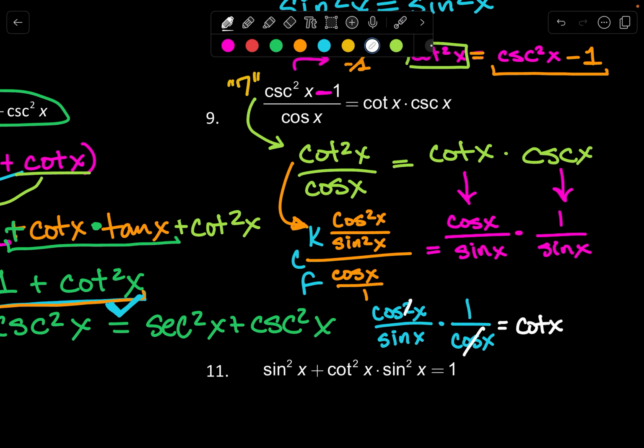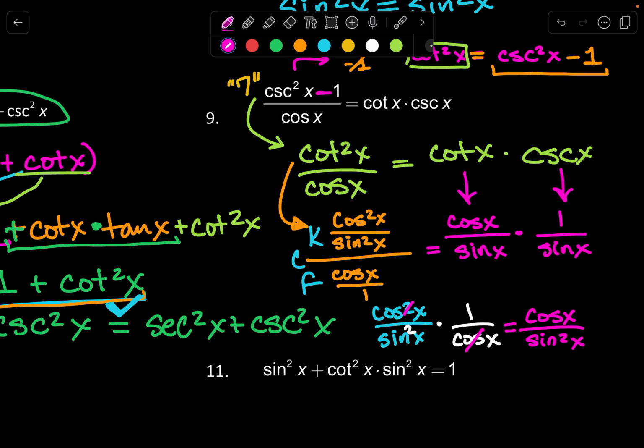Yes, sorry, I forgot to square this. So now that's multiplied by 1 over cosine x. One of these will cancel. And it leaves me with cosine x over sine squared x.